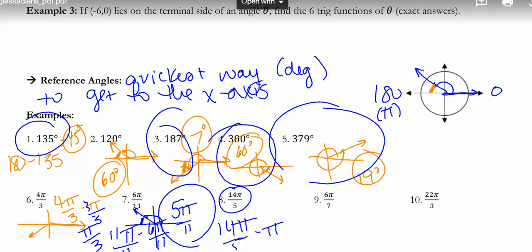So that would be 5 pi over 5. So that's 9 pi over 5, which is still too much. So I'm going to subtract another pi. So another 5 pi over 5. So that's going to be 4 pi over 5, which is less than half of pi.